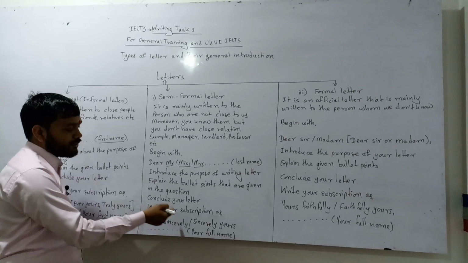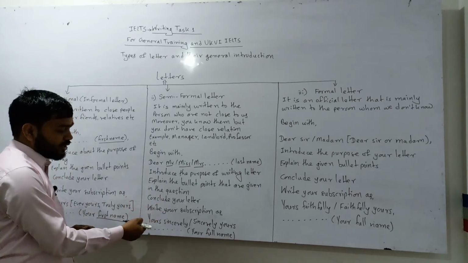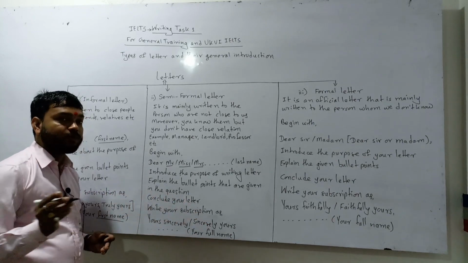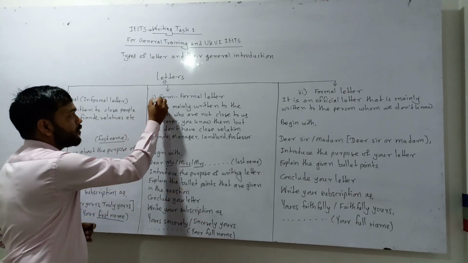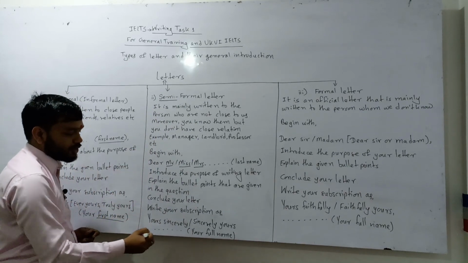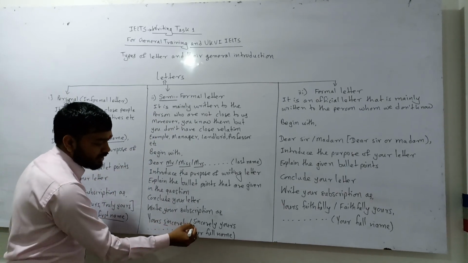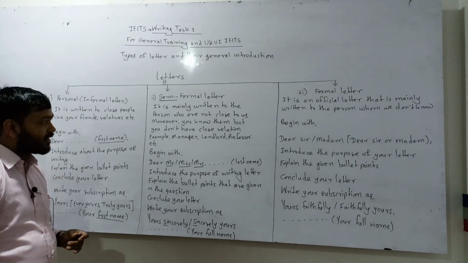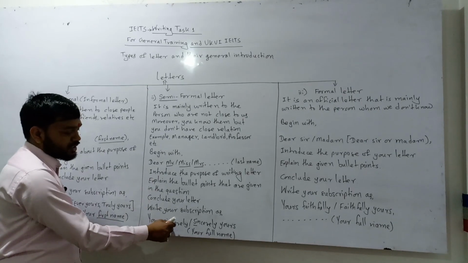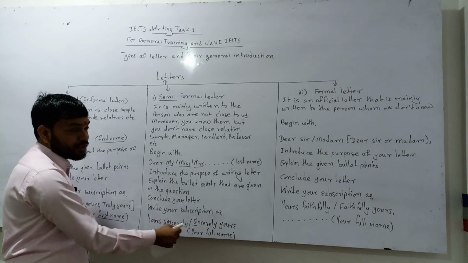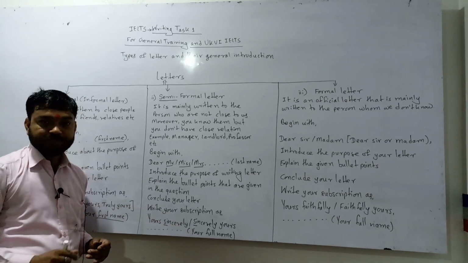Then write your subscription as yours sincerely or sincerely yours. Remember, semi-formal starts with S, so you can put sincerely starting with S. That is a good technique. After yours sincerely, you put your full name.